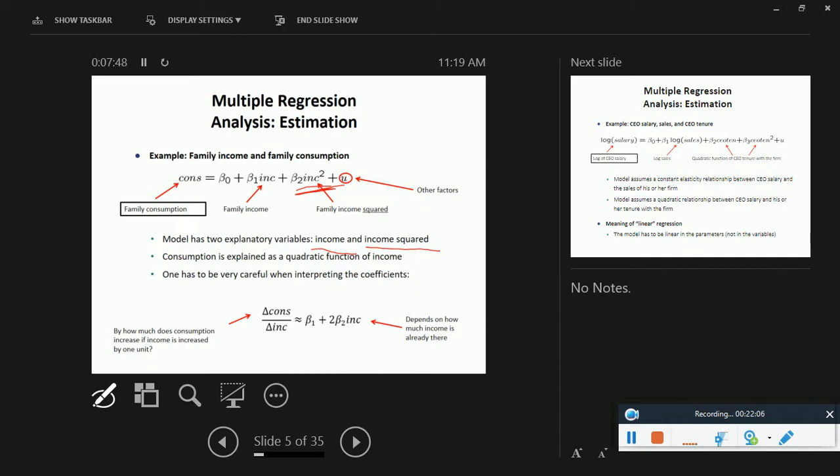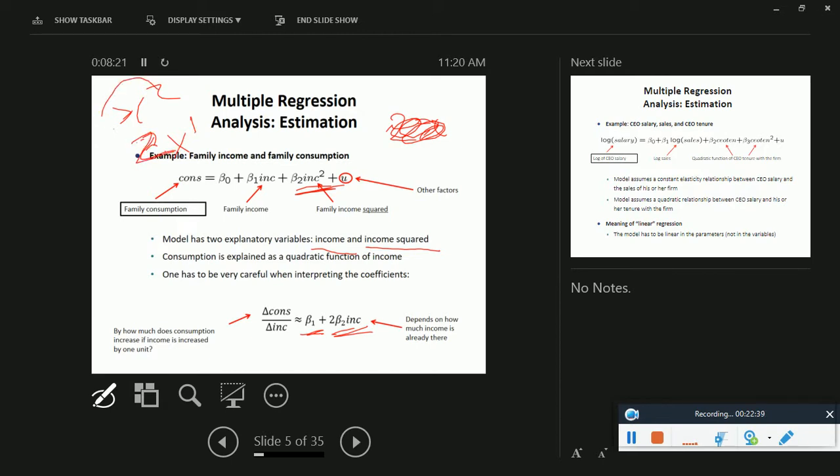How many of you guys are familiar with differentiation? All of you guys know the differentiation, right? So for beta 1, it's just beta 1, and for beta 2 income squared, it becomes 2 beta 2 income. Something like, let's say I want to differentiate x squared, it becomes 2x, right?